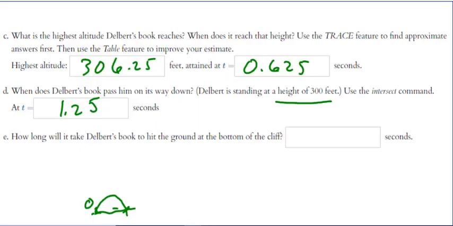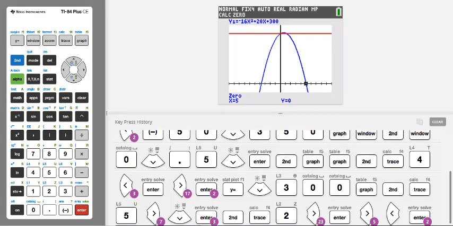So that would mean it's 5 seconds. Okay? Because the height at that point is 0. So that's all right there for that first problem.